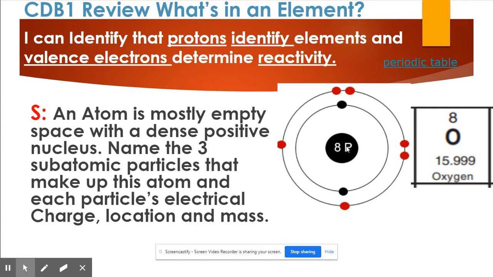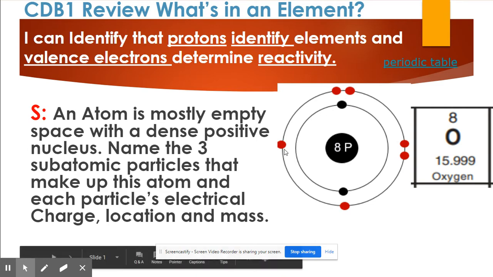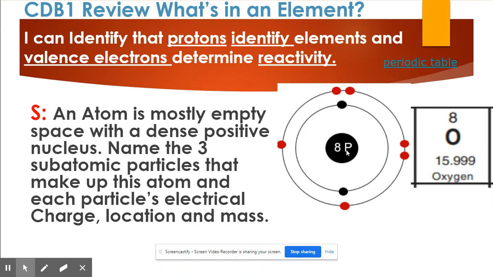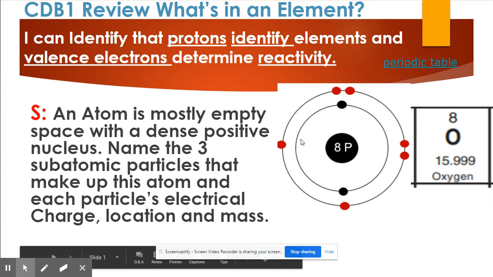Protons, which are in the nucleus, neutrons are also in the nucleus, and electrons, which are found outside the nucleus. Protons have a positive charge, neutrons would have neutral charge, and electrons would have a negative charge.